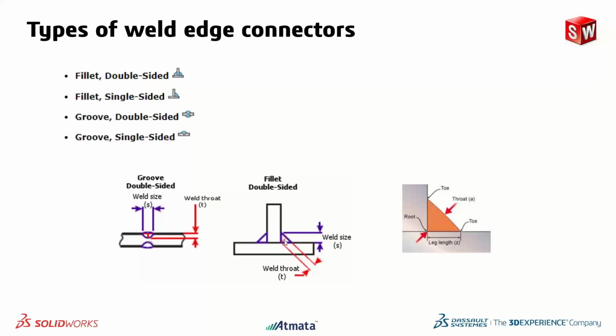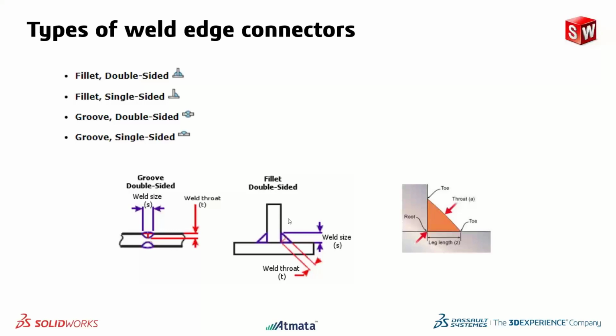This depth is called the weld throat. Then the weld size, from the root to the toe, is called the leg of the weld. If you have the weld on one side, it's a single-sided weld. If you have the weld on both sides, it's a double-sided weld, and this is called a fillet weld.